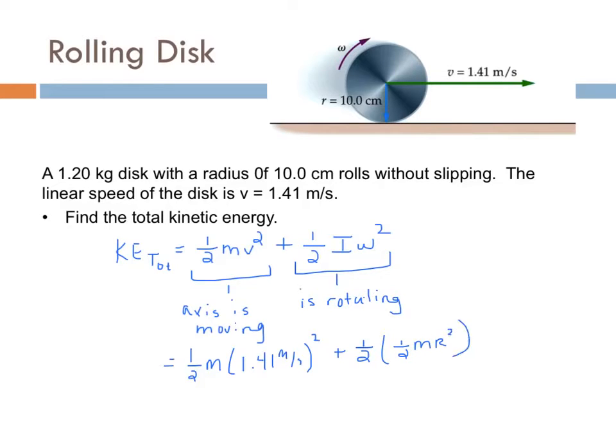This comes out of your reference table. And omega can be replaced with v over r. So we actually have this v as well. Once you simplify and put in all of your values, you should get a total kinetic energy of 1.79 joules.